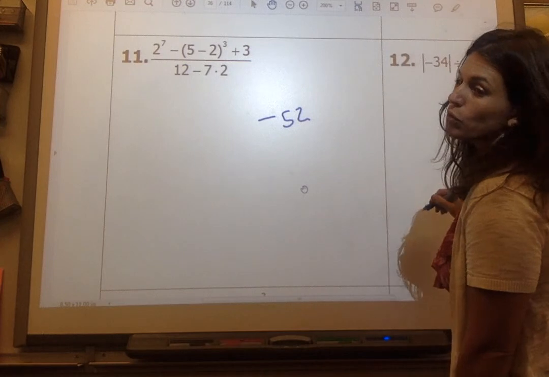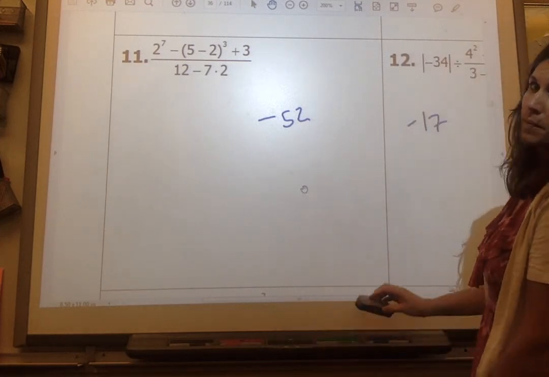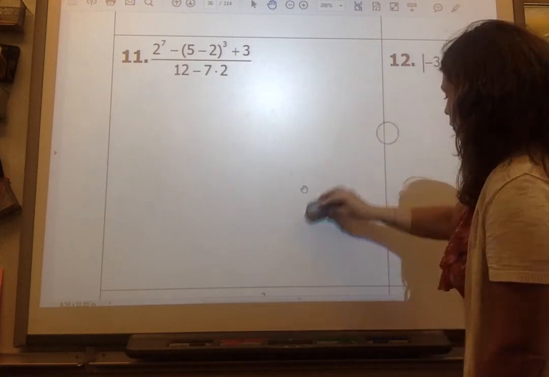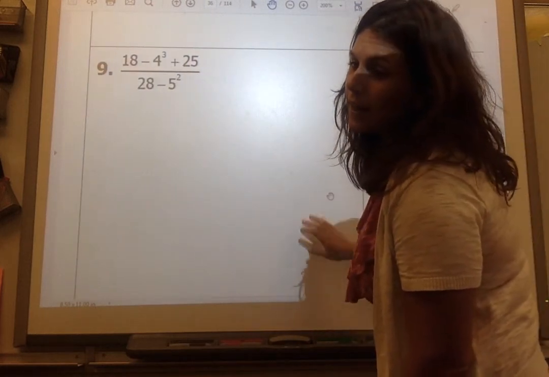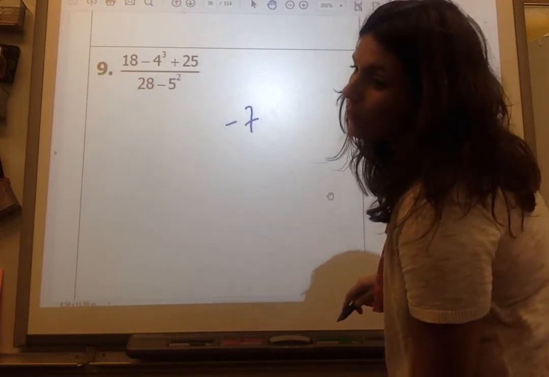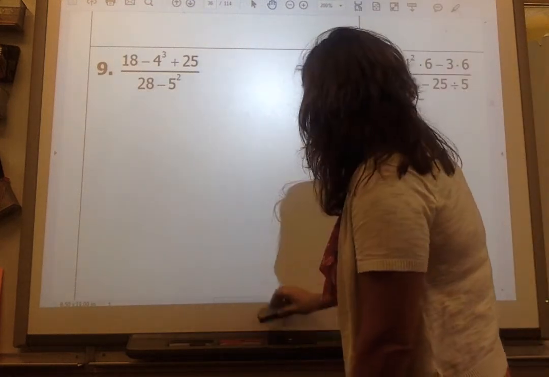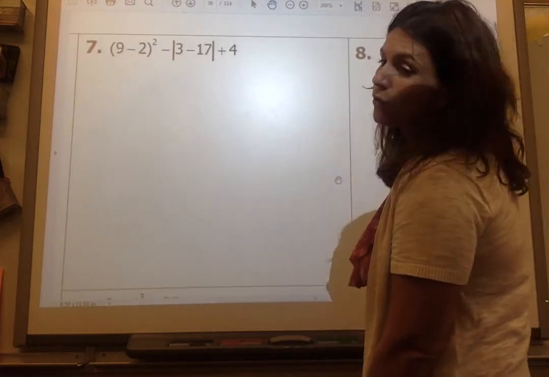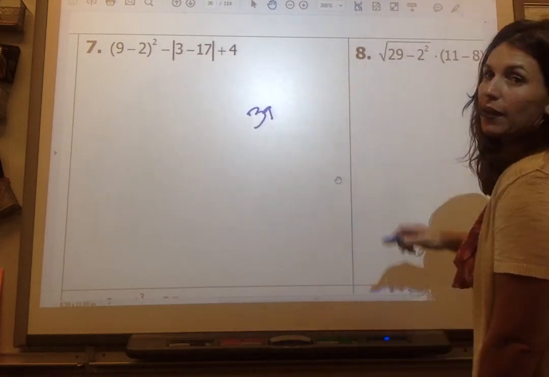Your answer for number 12 is negative 17. Your answer for 9 is negative 7. And your answer for 10, we already did, was 13. Your answer for number 7 is 39. And we did number 8, and that gave us 19.